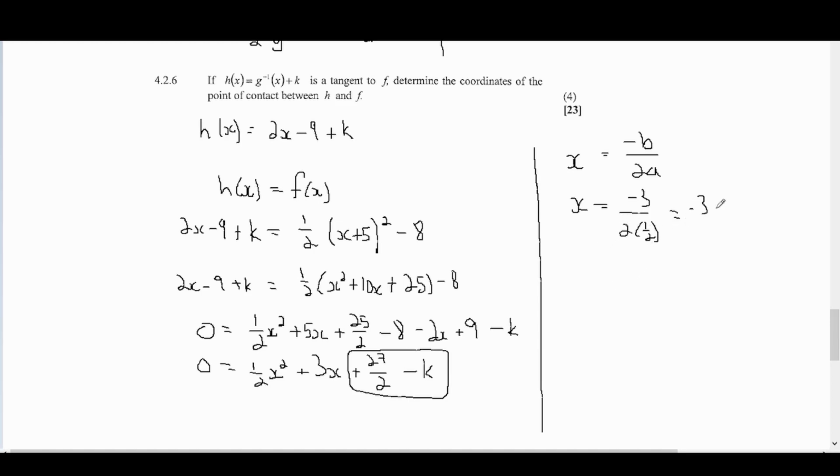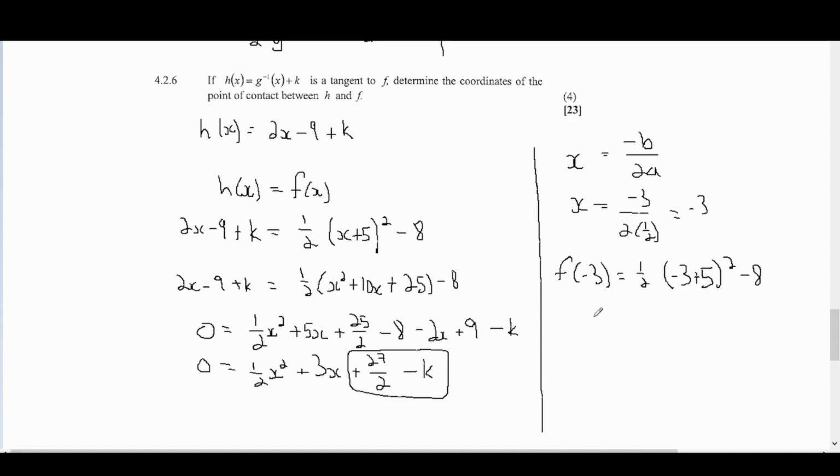Now that we have our x value, we can take this and put it back into our original f. So we have f of minus 3 equals a half times (x plus 5) squared minus 8. Oh, but we're not using x, we're substituting in minus 3, so it's minus 3 plus 5, squared, minus 8.